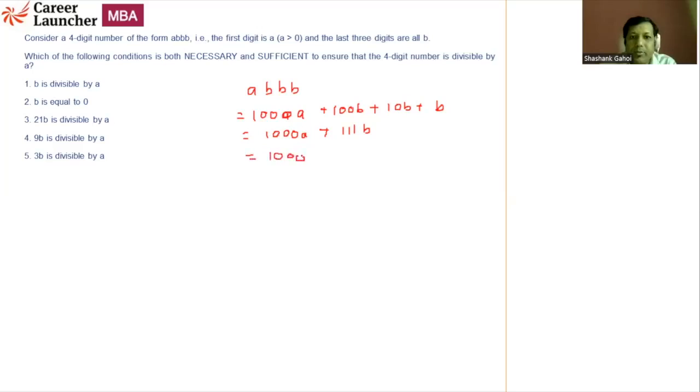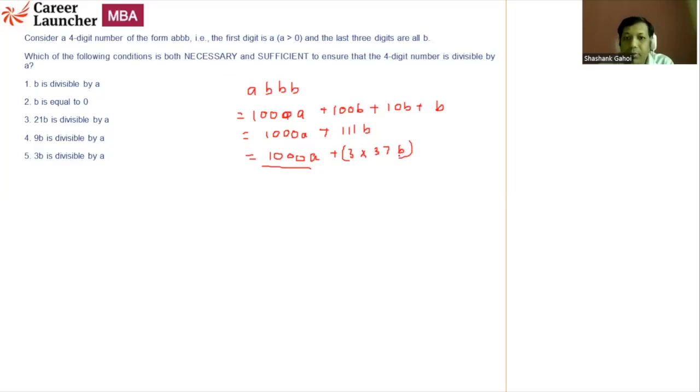It eventually comes out to be 1000A plus 3 into 37B. Now this number should be divisible by A. So this part is definitely divisible by A. Now I need this part to be divisible by A.